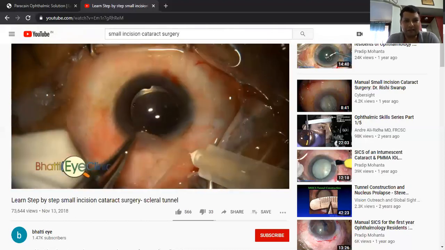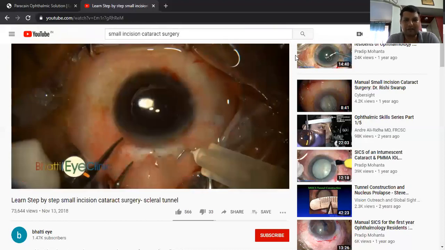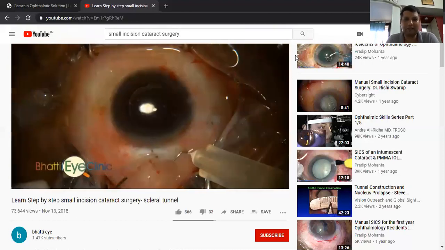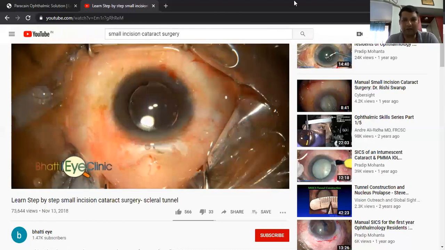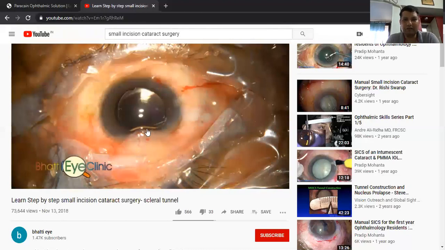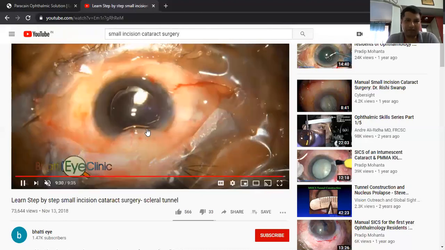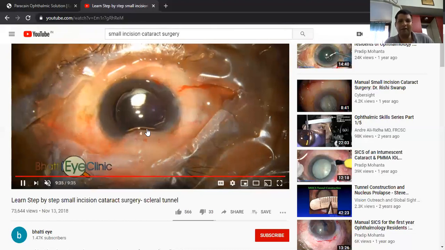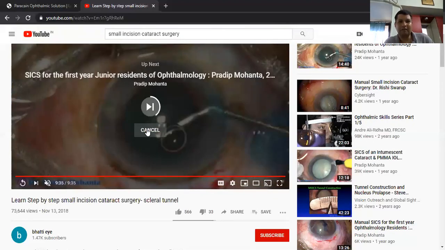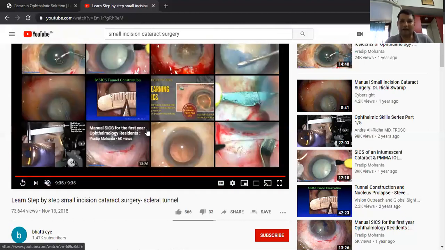Sometimes we can give a subconjunctival injection of gentamicin and dexamethasone, and it is optional. We may or may not give, and we have to repose the flap. Basically this flap we have made, we can repose it with the help of cautery. So these are the steps of cataract surgery.